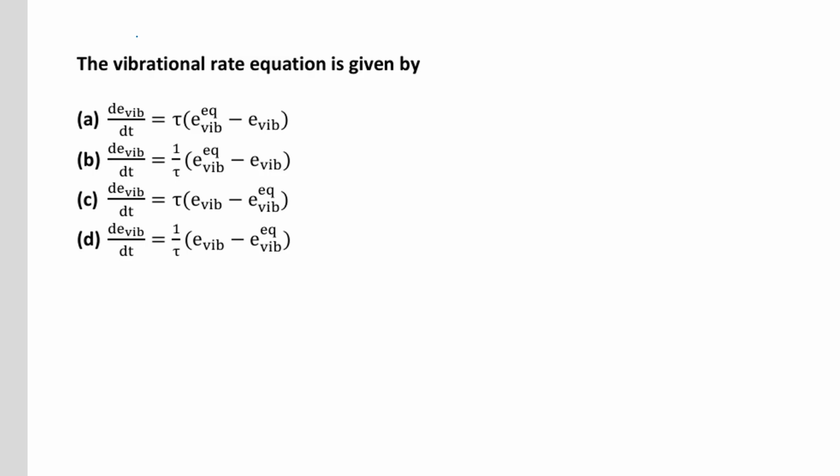Option B, dE vibration upon dt equal to 1 upon tau times E vibration equilibrium minus E vibration. Option C, dE vibration upon dt equal to tau times E vibrational minus E vibrational equilibrium. And option D, dE vibration upon dt equal to 1 upon tau times E vibrational minus E vibrational equilibrium.